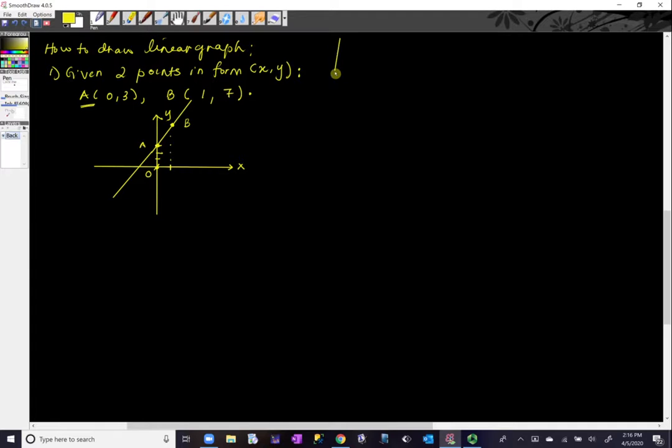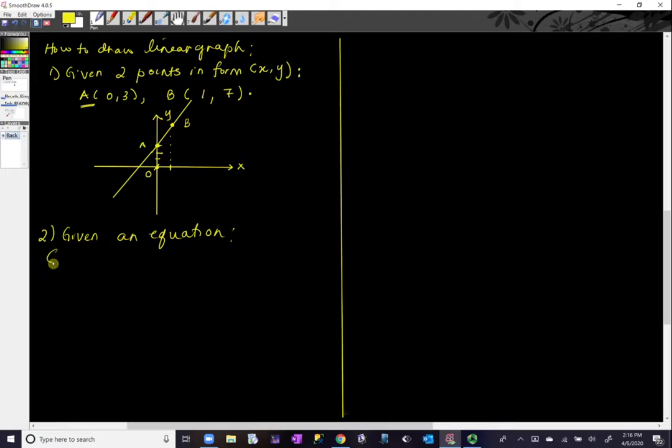So let's see next. What if I'm given an equation? How do I draw a line? Given 2 points, I just do 2 dots. If I'm given an equation, obviously you will need 2 points, or you need to convert it into y equals mx plus b.